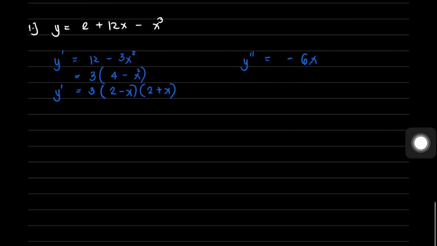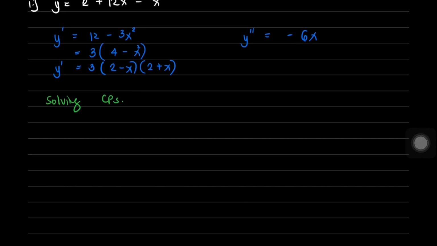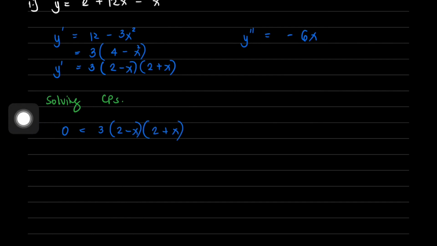So, let us first solve for the critical points. In solving for critical points, we're going to equate y prime to 0. So this will be 0 equals 3 multiplied by 2 minus x multiplied by 2 plus x. If we divide both sides by 3, this gives us 0 equals 2 minus x multiplied by 2 plus x.